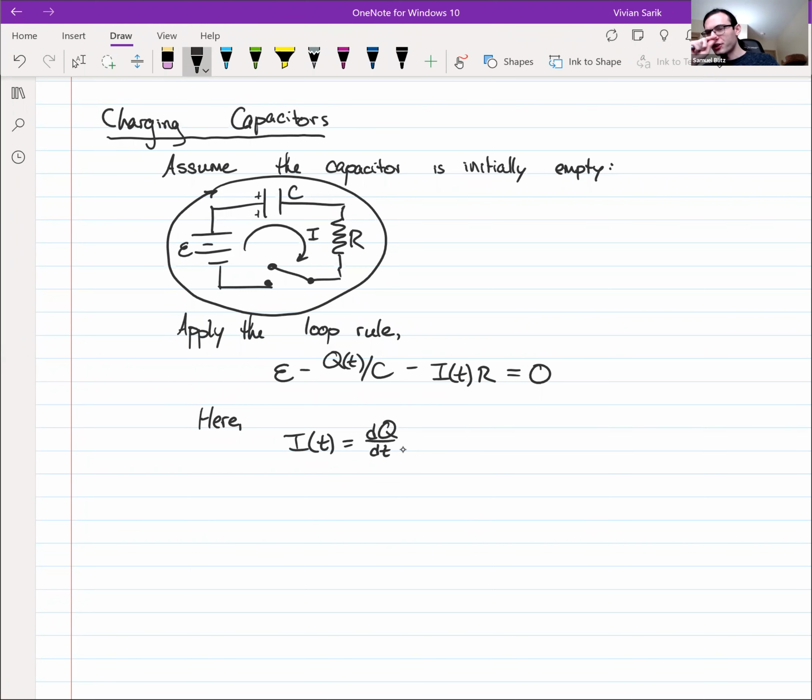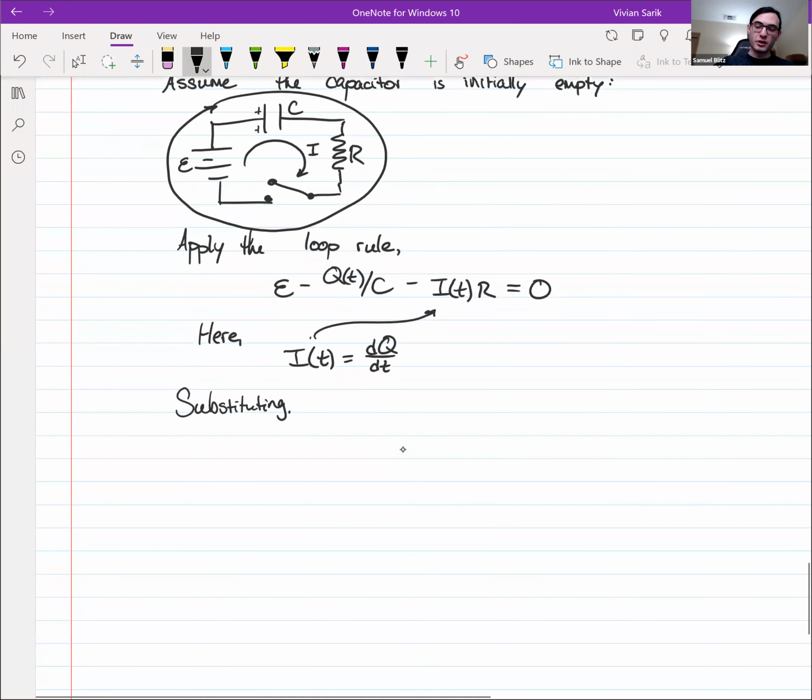The whole non-homogeneous equation bit is completely unrelated to what we're talking about. It's a math term. It just means that there's a term that's not proportional to the function or its derivatives. So you'll see what I mean in a minute. Right, so we can substitute this in, and we get the following equation: E minus Q of T divided by C minus dQ/dt times R equals 0.